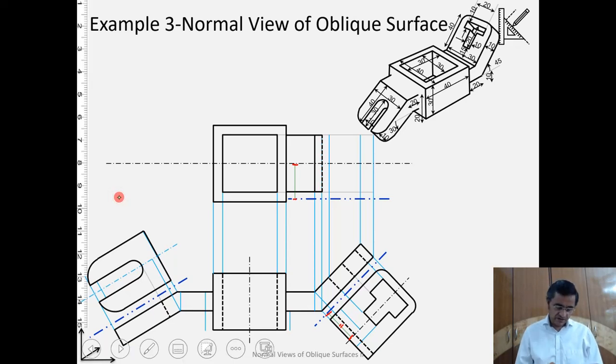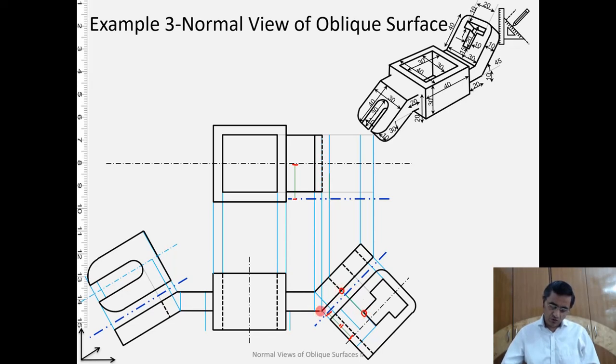Now once the hinge line is there, let's start taking the projectors up. Corresponding to the point here, it is projected onto the frontal on the bottom face, and let us say we do the top face first.